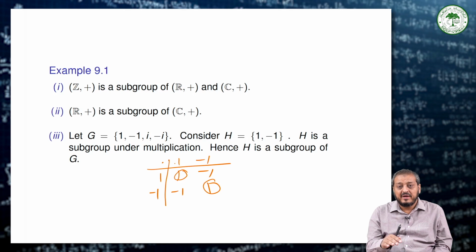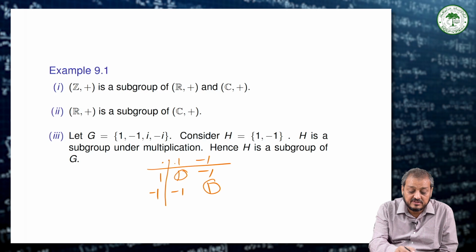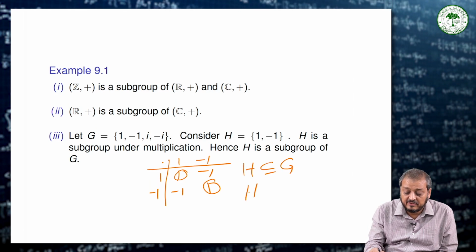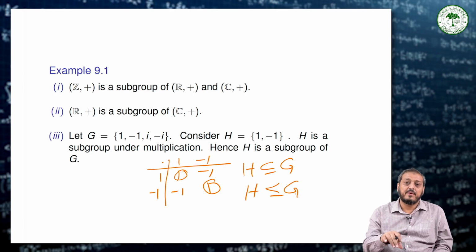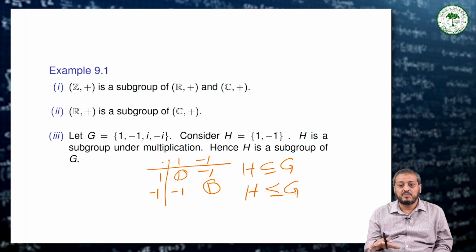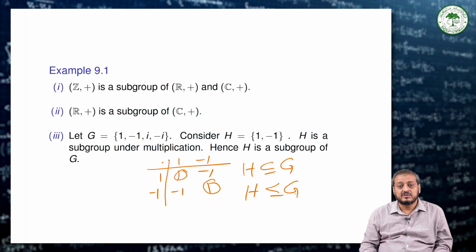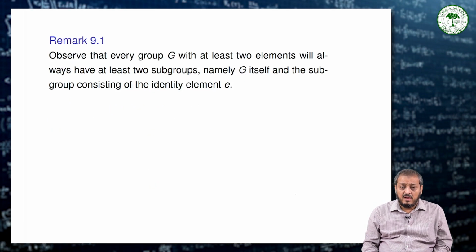So every element has its inverse, and clearly H is a subset of G. Then we can say that H itself satisfies the properties of a group under multiplication, so H is clearly a subgroup of G.